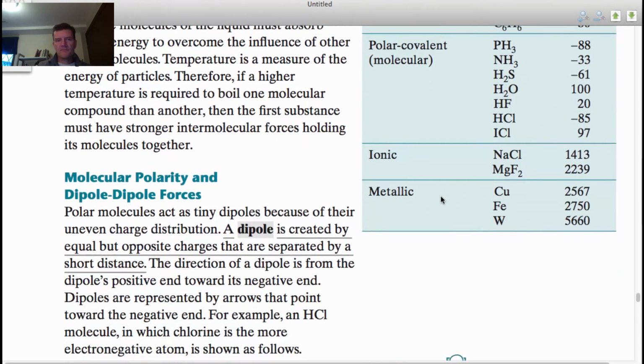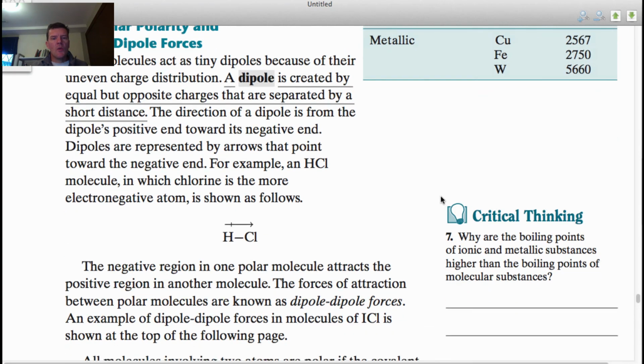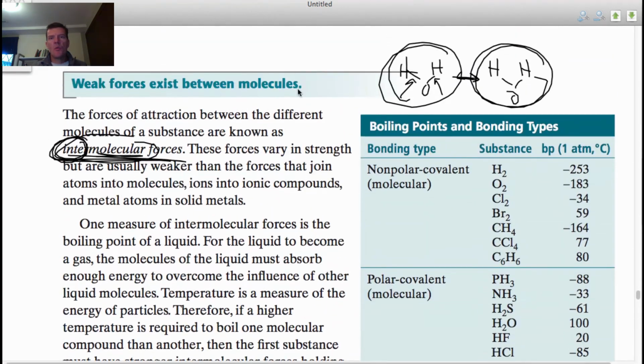Okay? All right. Well, in order to keep one water molecule attracted to another molecule, there has to be something positive in this molecule that is attracted to something negative in that molecule. In order to have a positive and negative in a molecule, even though the whole molecule is neutral, this water molecule is neutral, but there's a positive end to it and a negative end. Remember, there's an unequal sharing of electrons.